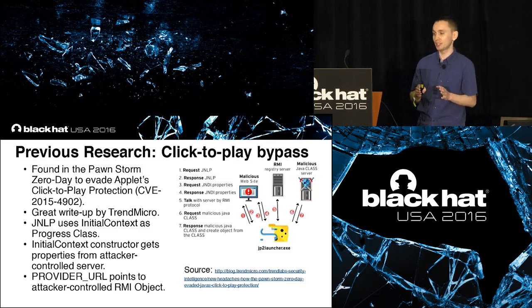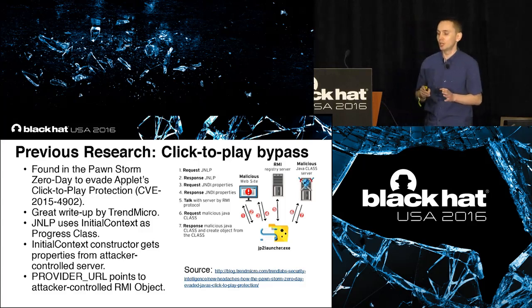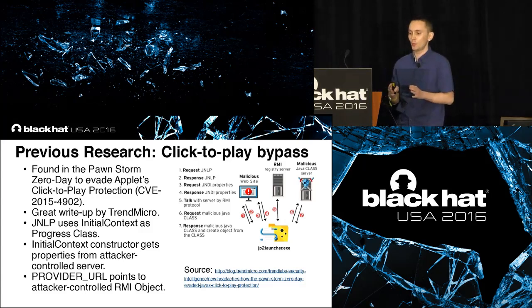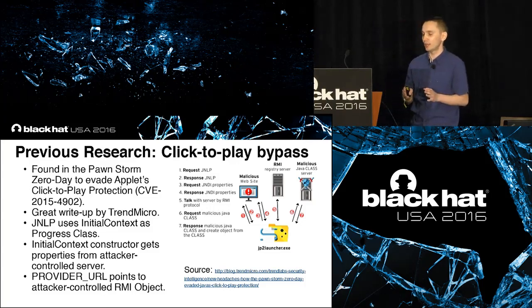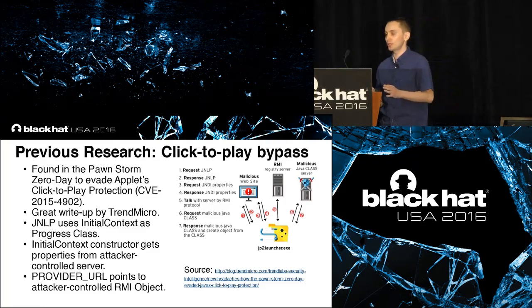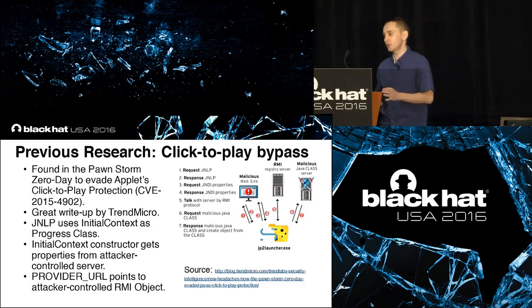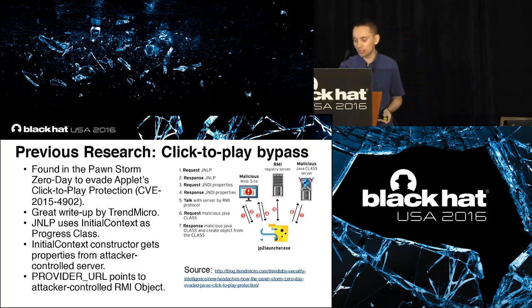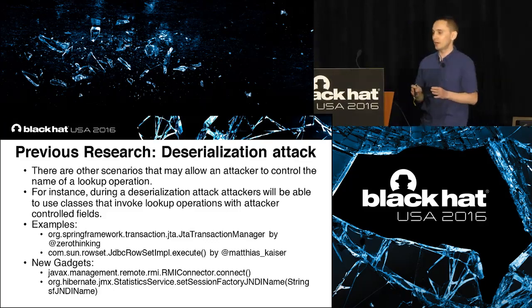The RMI server sends a JNDI reference, and the victim JVM will ask our server to provide the factory class. And the attacker is able to put any Java code in the constructor of this factory class, and it will be executed on the victim's machine.